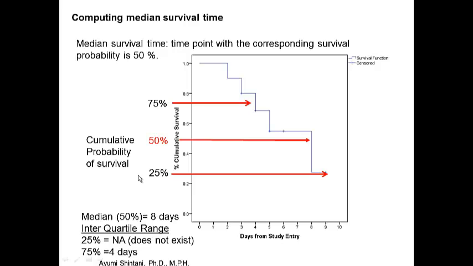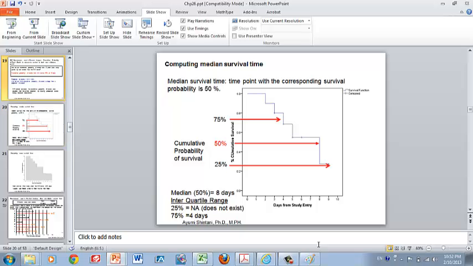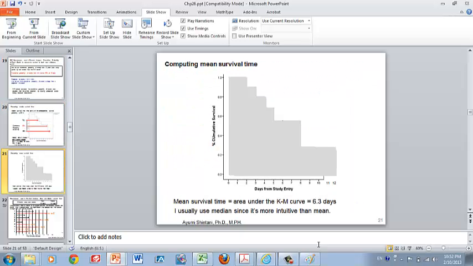Similarly, you can find the 25th percentile and 75th percentile. In this case, the 25th percentile value does not exist because the curve does not cross the 25% line.